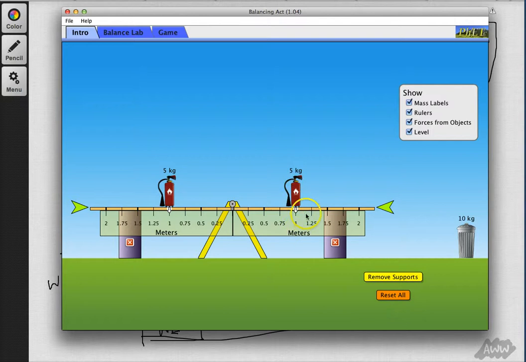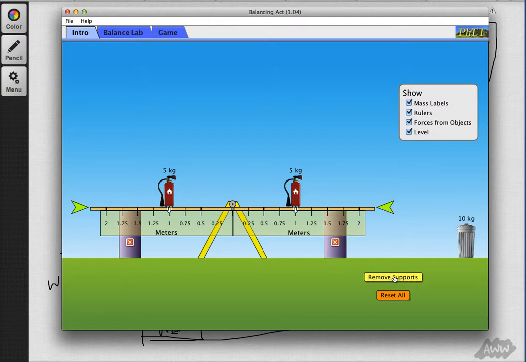Both are equal to 5 times 10 times 1, the normal force multiplied by the distance, which is 1 meter for both cases, but they act in opposite directions. One is clockwise, one is anti-clockwise. So if I remove supports, as you can see, the seesaw stays level, nothing happens to it.